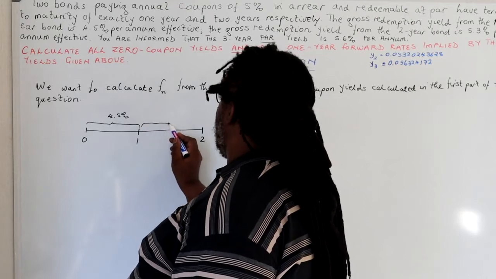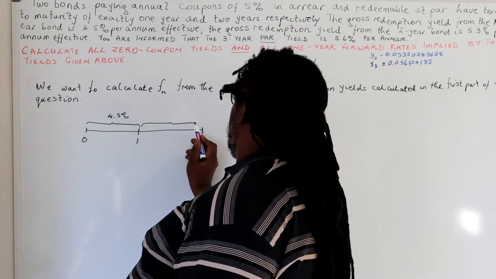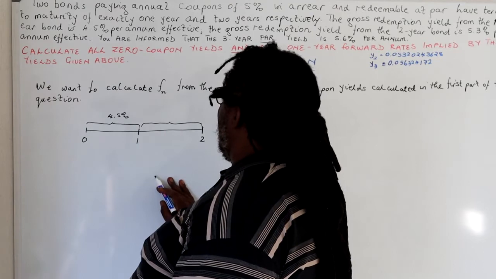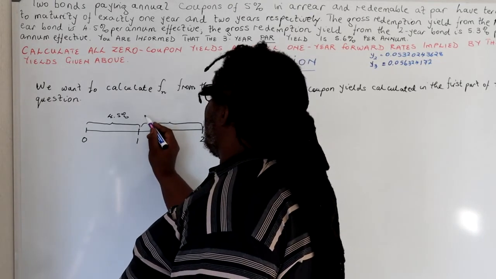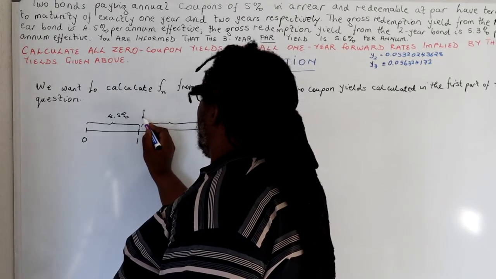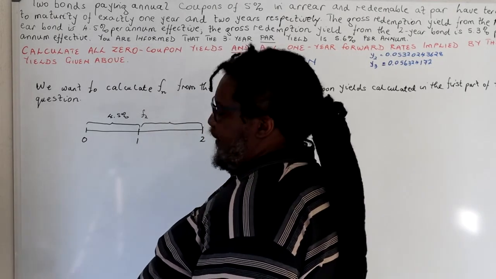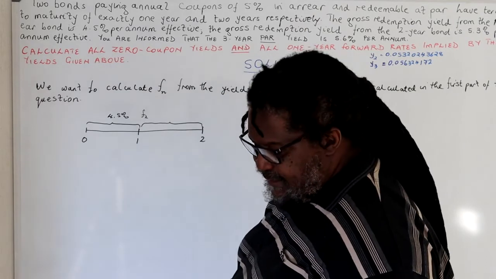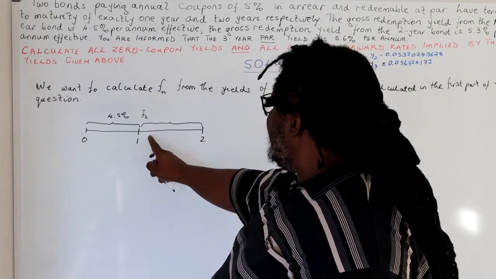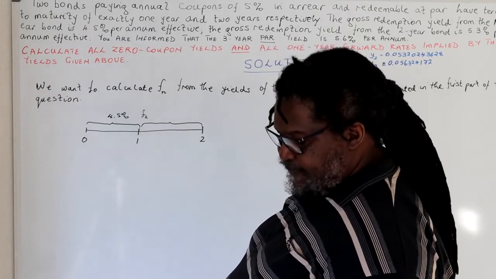And we need to find the rate that will prevail there, but we have to agree here. So this is F2, that is the forward rate that is going to be used for this period.